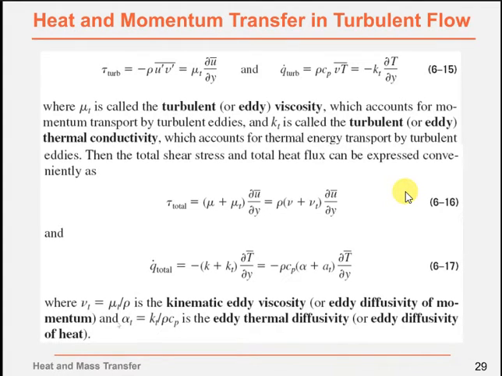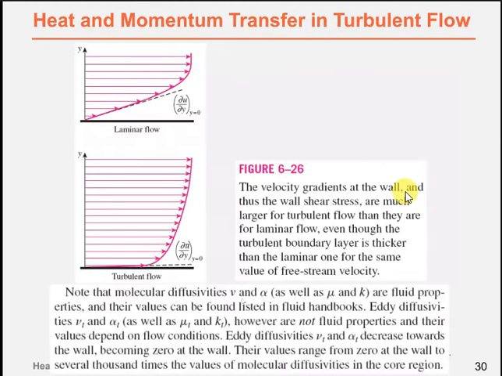So mu_t and alpha_t are different parameters, not the material physical properties. Mu and alpha, or mu and k, the viscosity and the thermal conductivity, are fluid properties, and their values can be found listed in fluid handbooks.